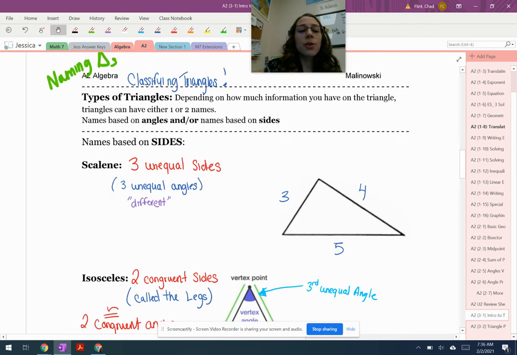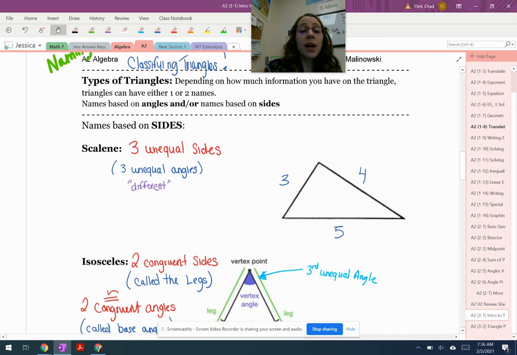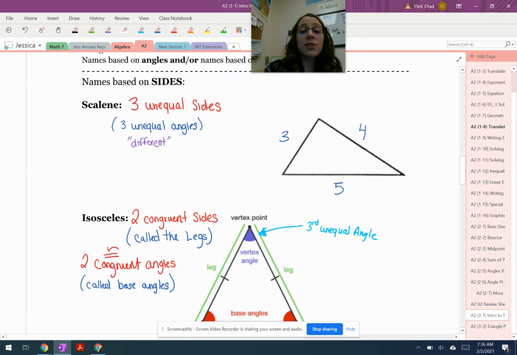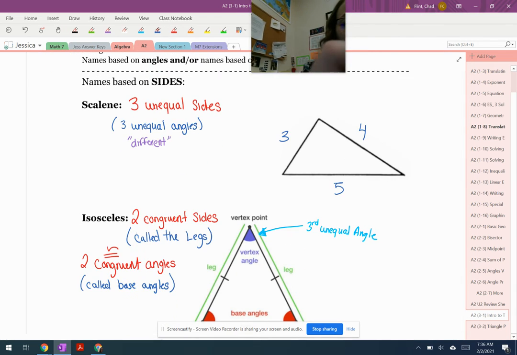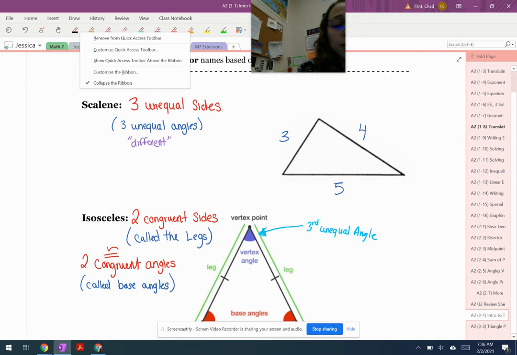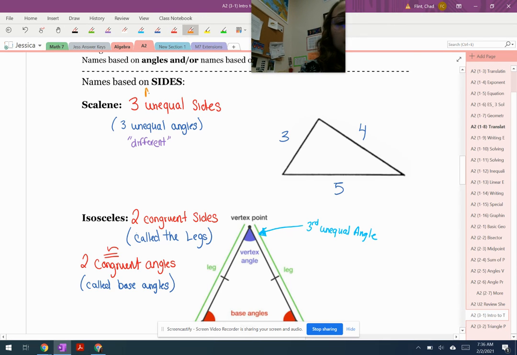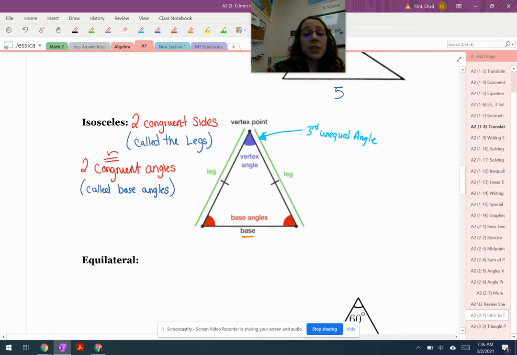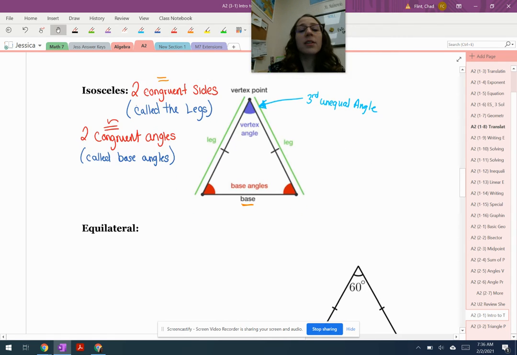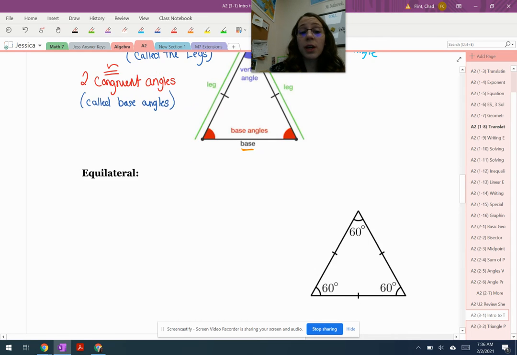Boom. So scalene, three unequal sides, so all different sides. That's a bit confusing. So three unequal sides, or no equal sides. Isosceles triangles have two congruent, or two equal sides, which means they have two equal angles.